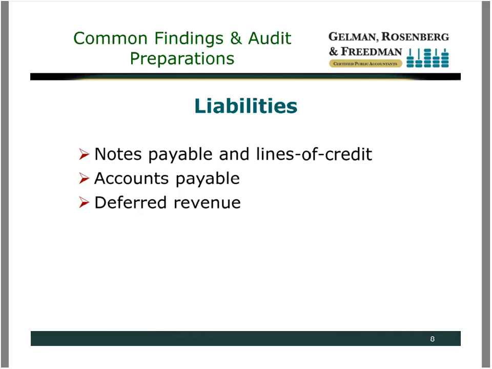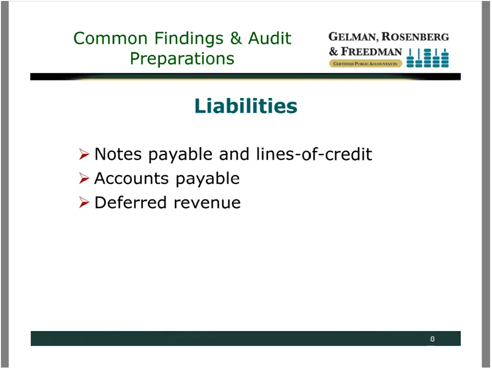Unrestricted net assets. So we have our three categories for now. That'll change in two years, we'll have two categories. But first and foremost, net assets: one of the biggest things that we see that generates a comment is that your beginning balance net assets do not reconcile to the ending balance of last year's audited financials, because they either don't post audit adjustments or they're posting directly to net assets throughout the year for temporarily restricted activity.